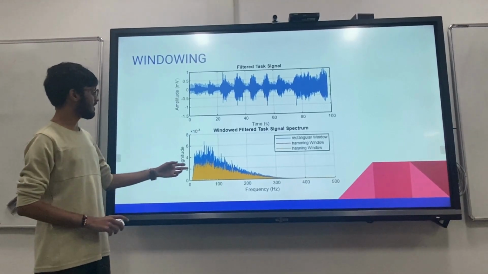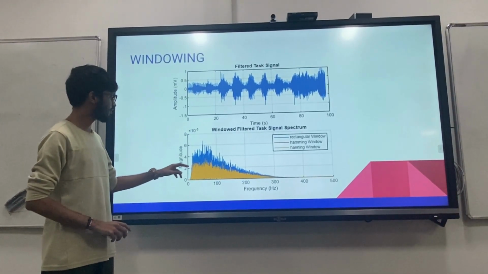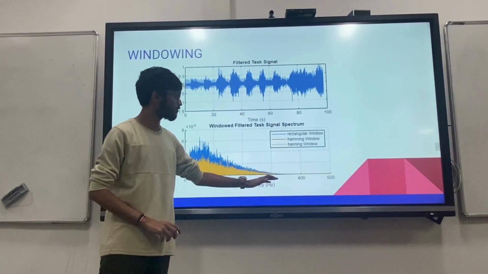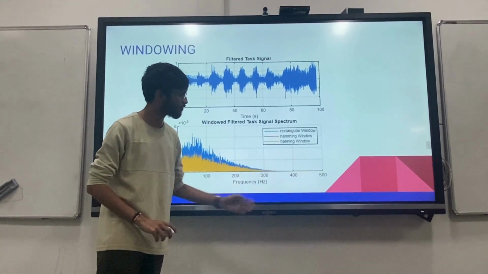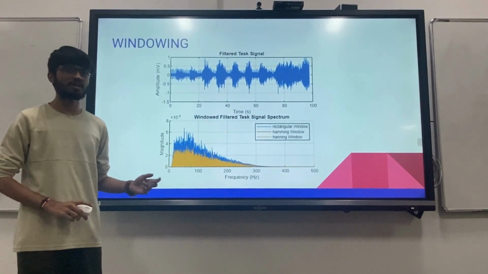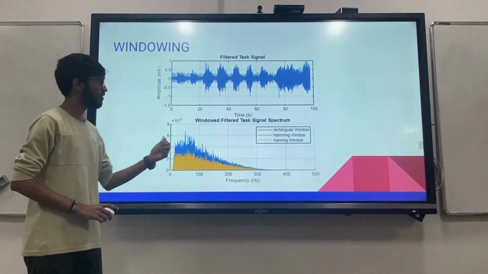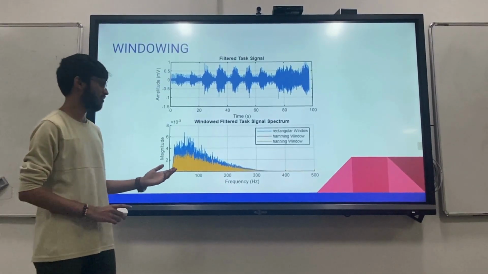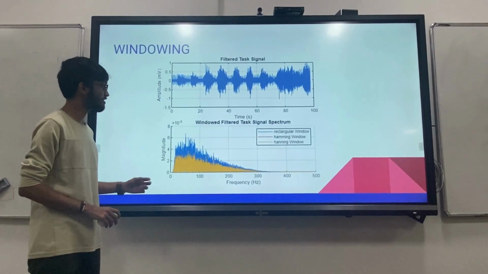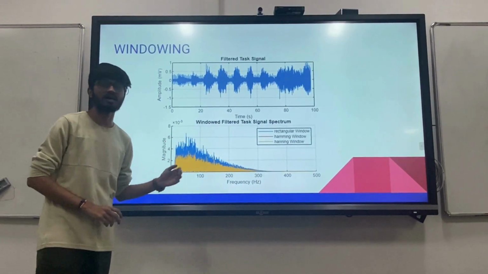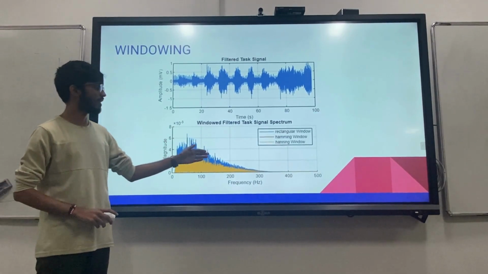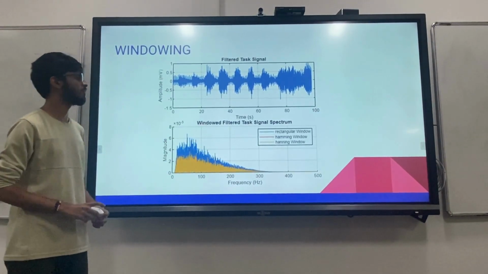As can be seen from the plot here, if we use a cutoff of 350 Hz, after 350 Hz most of the small peaks and discontinuities that were occurring before windowing get removed. And as should be expected, since the rectangular window has a lower attenuation, it provides a higher magnitude as compared to the other two windows.